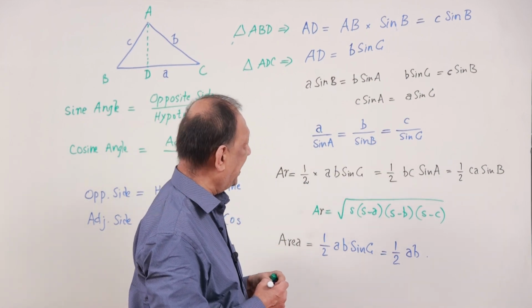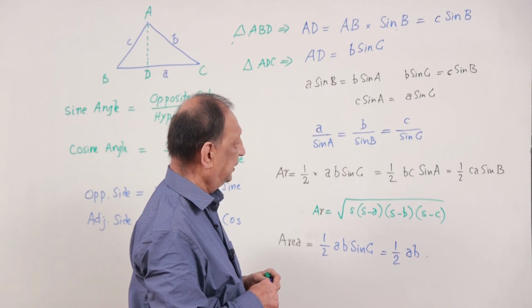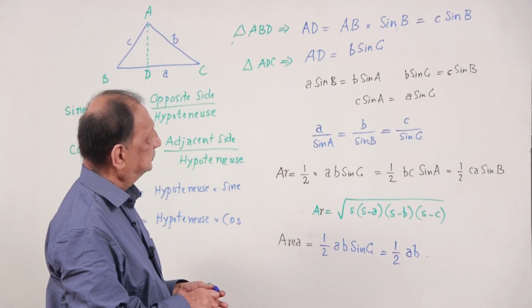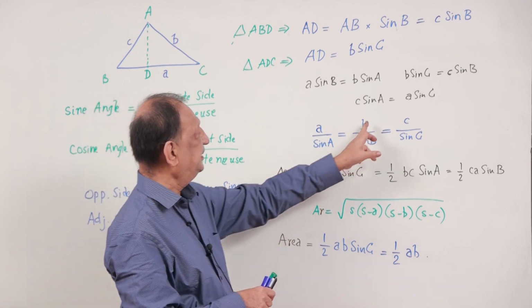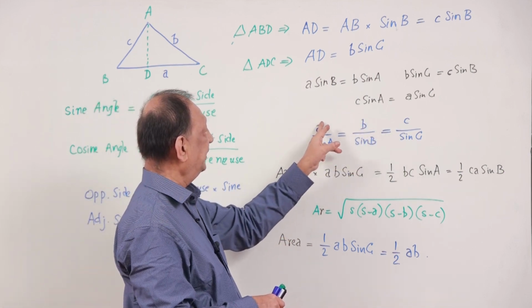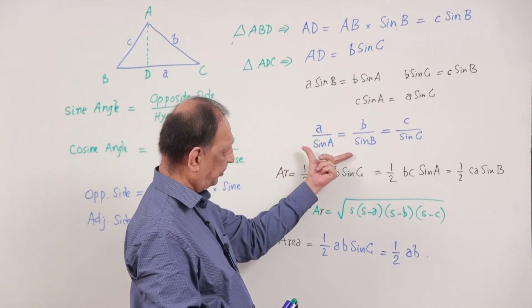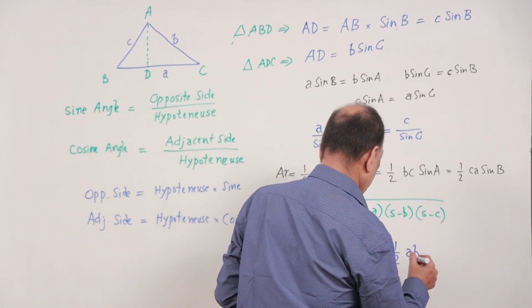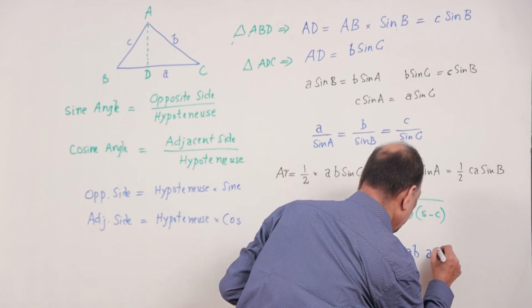I don't want C. I want A only. I want to find the value of b using only A and sin A, so I must use this first formula only. So b will be A sin B by sin A.